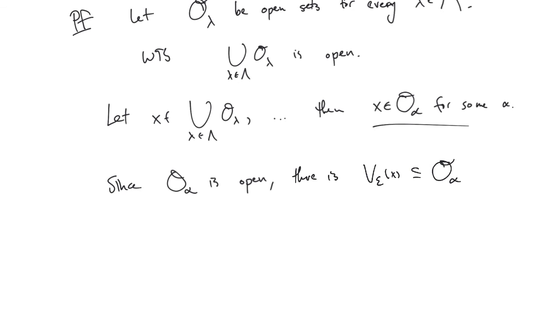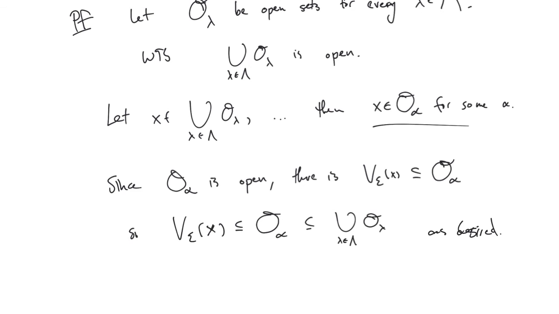This is what it means to be open. And then the end of the old proof will still work in this case. So V epsilon of x is a subset of O alpha, but this is a subset of the giant union of all the O's. O alpha is just one of those O's. The big union is all of them put together. So O alpha is part of that, for lambda in big lambda. And that's what we wanted.